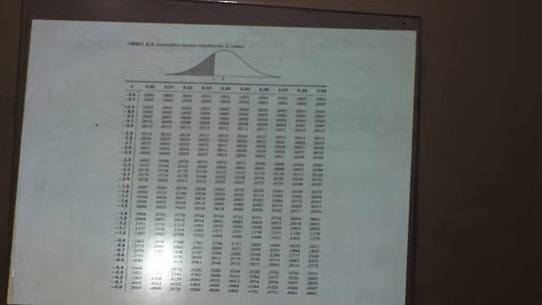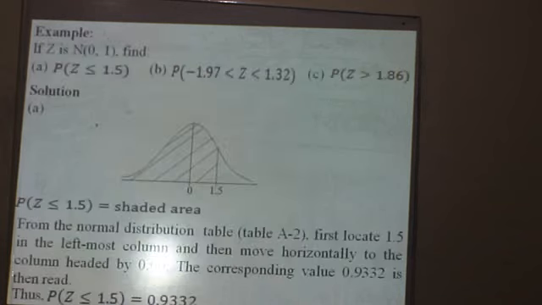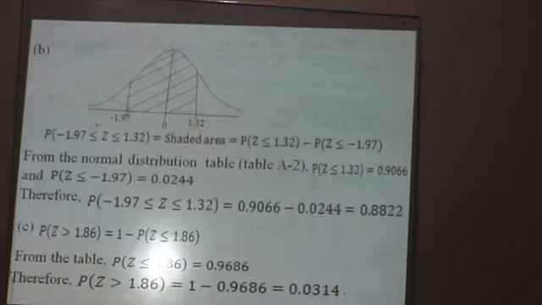So we trace it horizontally till we come to the column headed by 0.07, and the value there is 0.0244, meaning that the probability of Z less than or equal to negative 1.97 is equal to 0.0244.